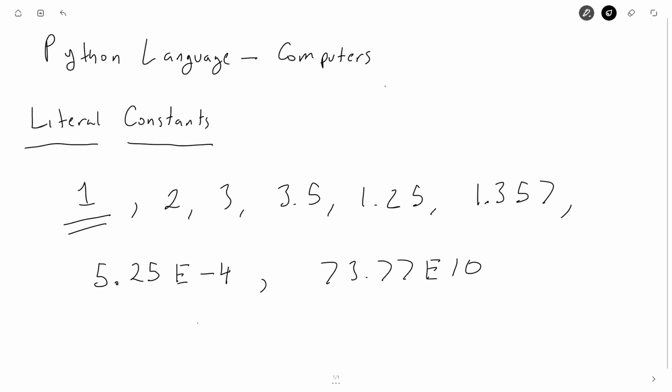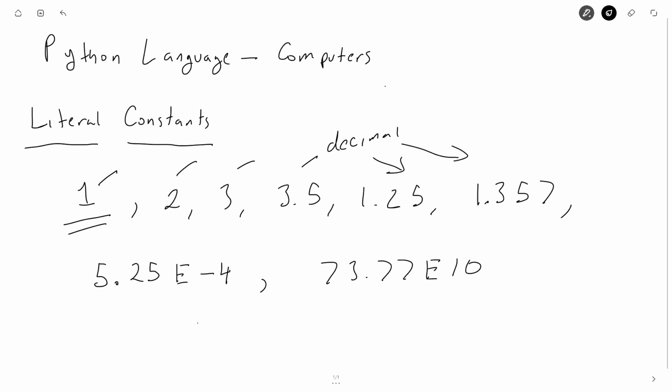So this here would be a whole number. In Python, this would be called a constant decimal. These are decimals.